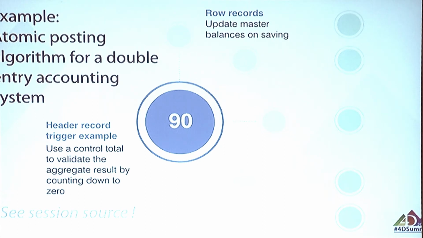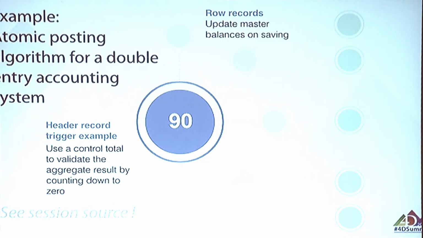And this is just a field in the journal header with an amount that the user has entered. The user thinks that it has 90 euros worth of debits to post. These little circles here are the postings records that have yet to be made. That's that middle table. And these are the master account records.